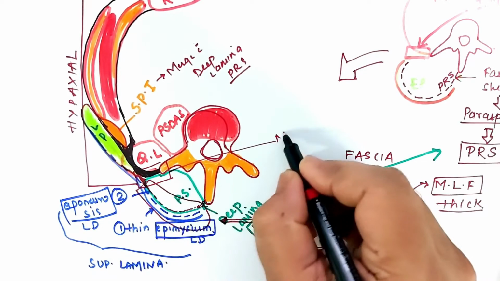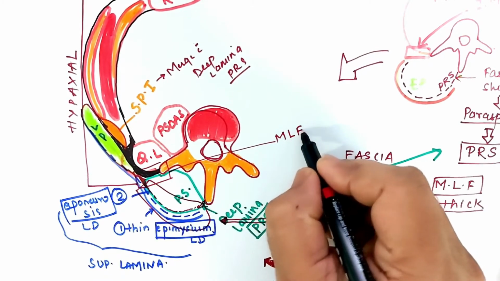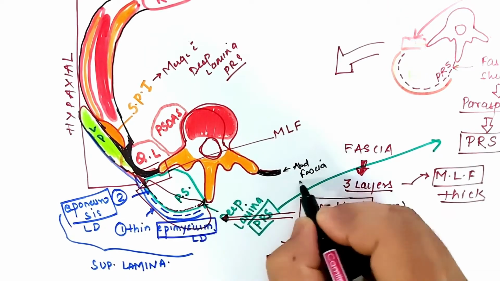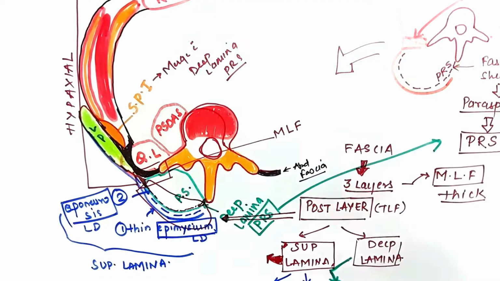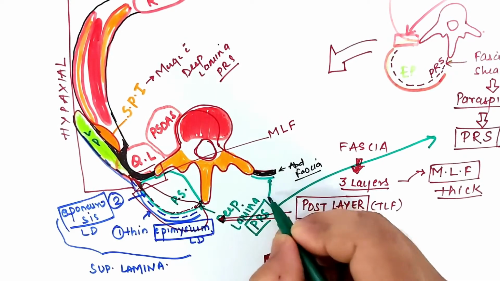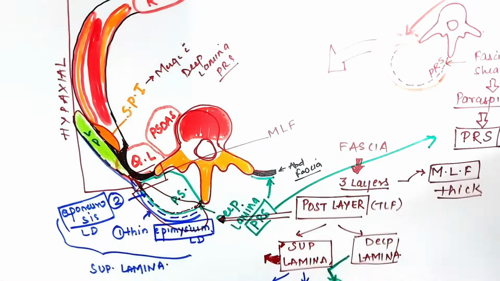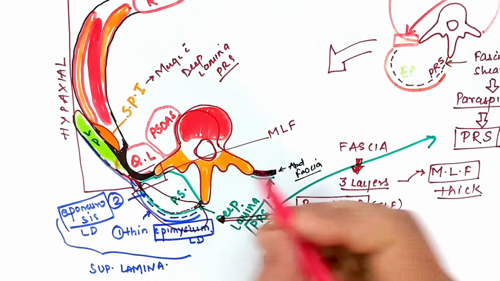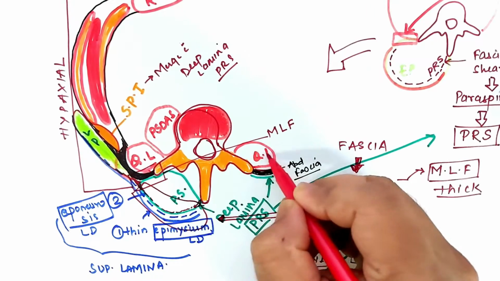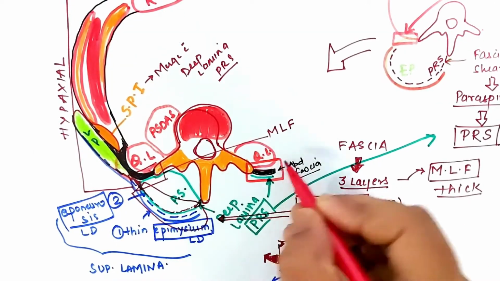So when you talk about the middle layer of the thoracodorsal fascia, you have the investing fascia of the abdominal muscle, which is thick and forms the center layer. Then on the posterior side, you have the PRS, the one which covers the paraspinal. And on the anterior side, you have the investing fascia covering the quadratus lumborum.